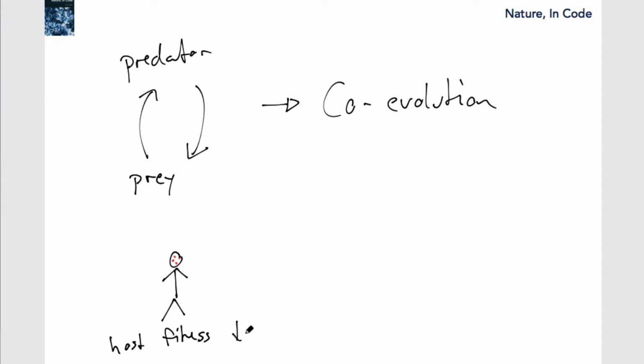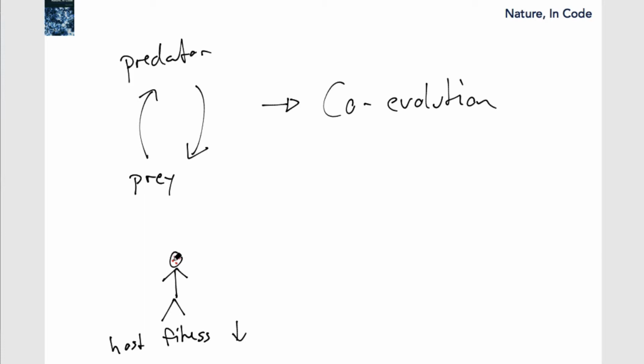Because if you're sick, you're weak, and that usually means, in evolutionary terms, a lower chance of survival and a lower chance of reproduction. From the parasite's perspective, though, what just happened is great, right? Getting into a host is often an absolute requirement for a parasite to reproduce.